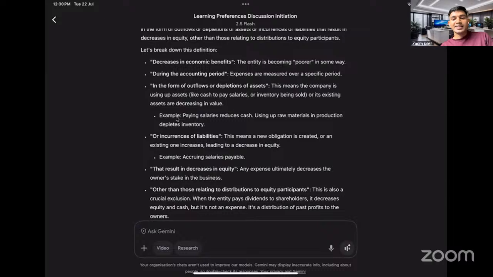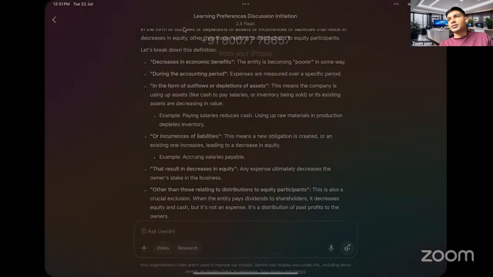Examples, paying salaries reduces cash, using up raw materials in production depletes inventory, or incurrences of liabilities. This means a new obligation is created for an existing person.